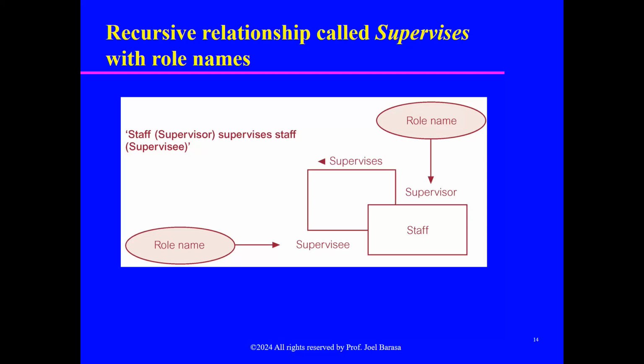For example, here a staff can be a supervisor who supervises staff, or supervisee. Like a student can be supervised by one lecturer during attachments and so on. So that can happen like that.